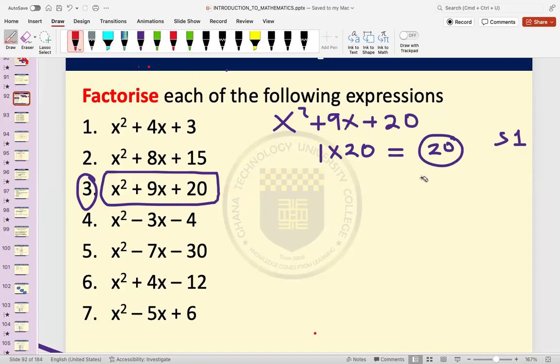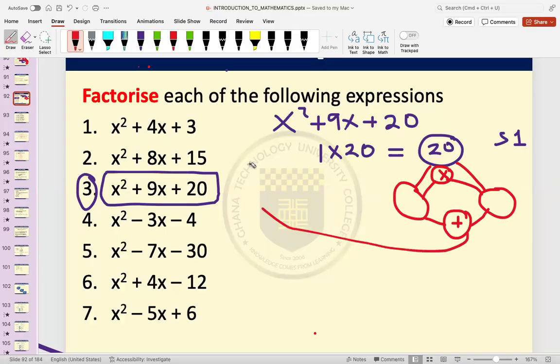Step 2 says this 20 that you have as a result, split the 20 into 2 by first of all looking for 2 numbers which, when we multiply them, we'll get our 20 back. And then at the same time, if we add the 2 numbers, the result should be equal to the coefficient of the middle term, which is 9.